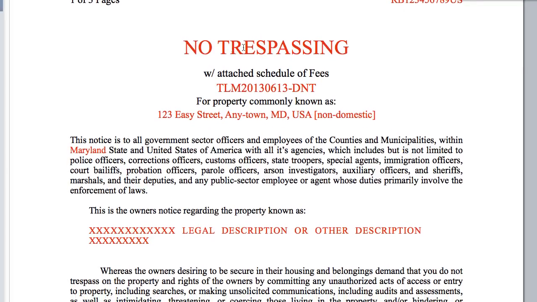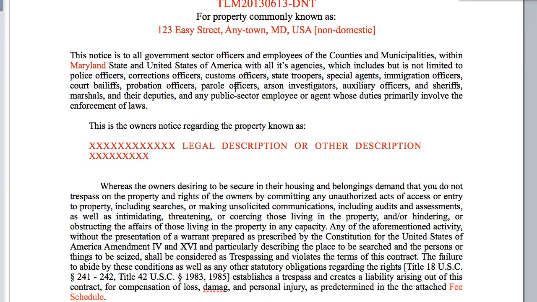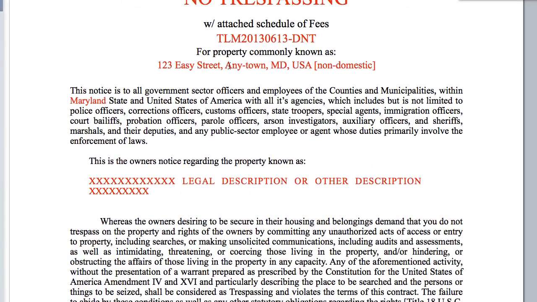This is a no trespassing contract with an attached fee schedule, and the internal identification name is TLM 2013-0613-DNT for the property commonly known as, and your address would go there.